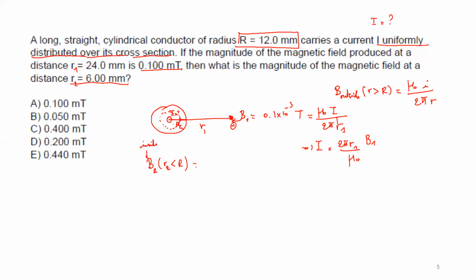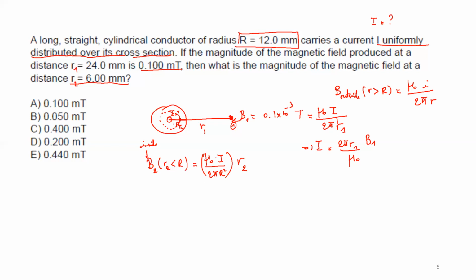We demonstrated in class, and it's in your formula sheet, that it is mu naught I divided by 2 pi R square, where R is the radius, multiplied by r. So here it will be R2. We demonstrated this formula using the uniform current density and, of course, Ampere's law.